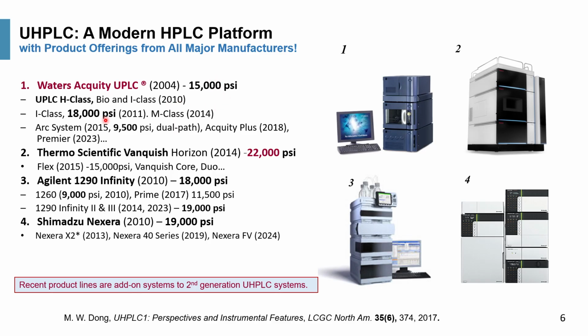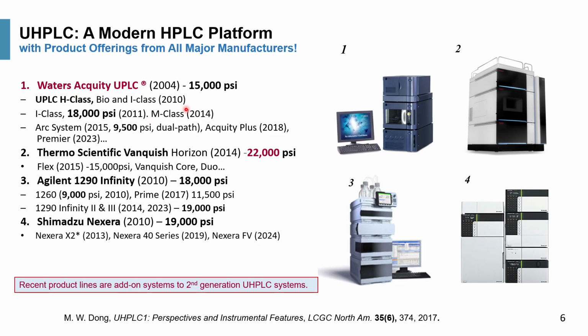A few years later, the four major manufacturers also introduced their versions of UHPLC, shown here. A little bit on the later models. The UPLC H-Class, which is the quaternary pump, the first one being a binary pump, was introduced in 2010.